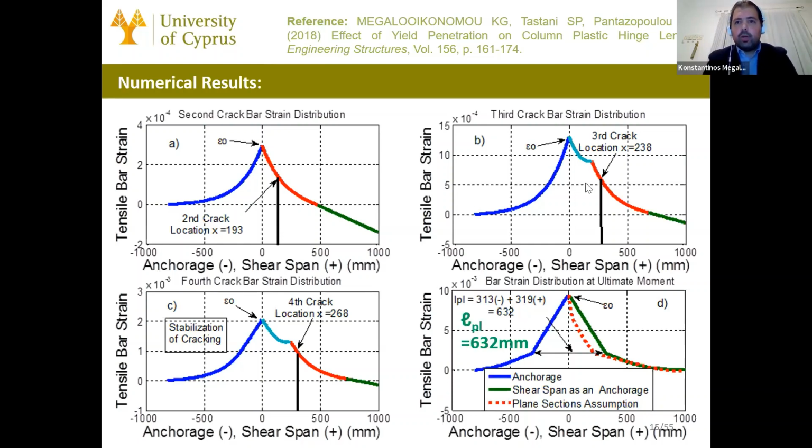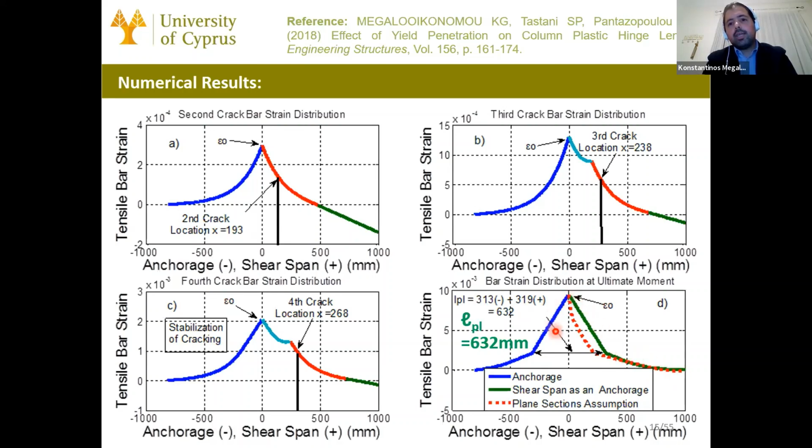I would like to show you also, you can see here that this is a solution from the flexure analysis with plane section assumption, and this is the differential equation of bond that is compatible with the elastic response in the elastic region of the column response.